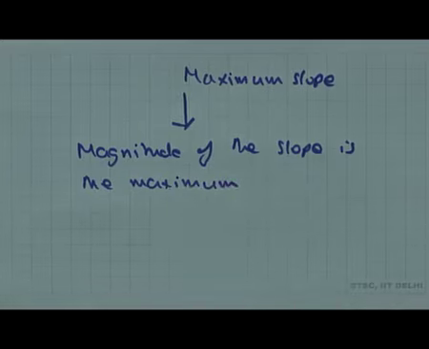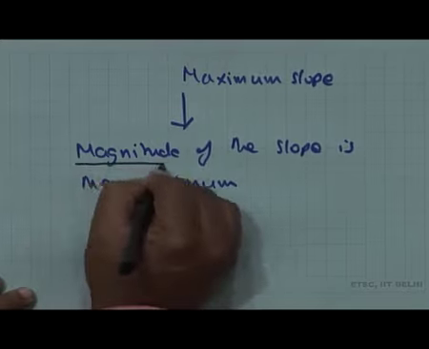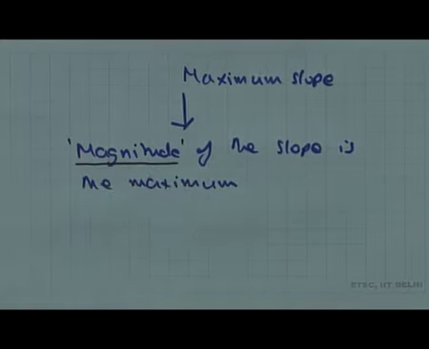Please remember that whenever I refer to the slope as being the maximum slope or the minimum slope, it is always the magnitude that I am referring to.